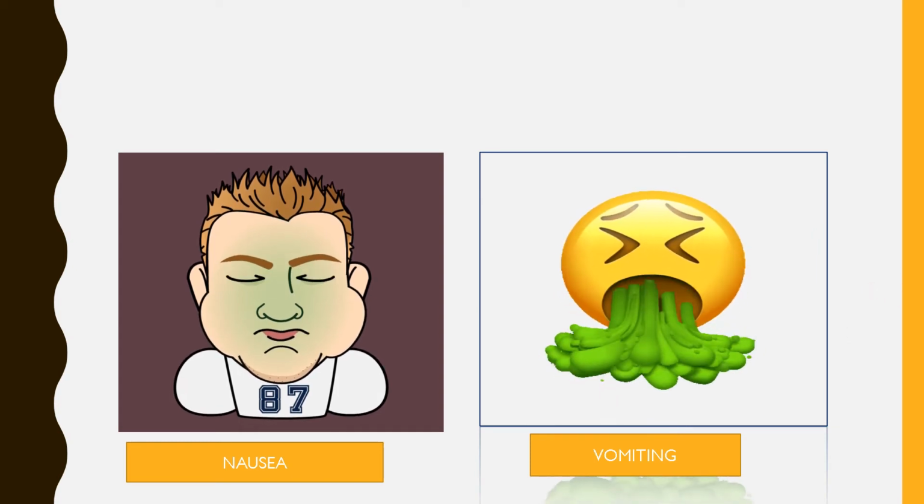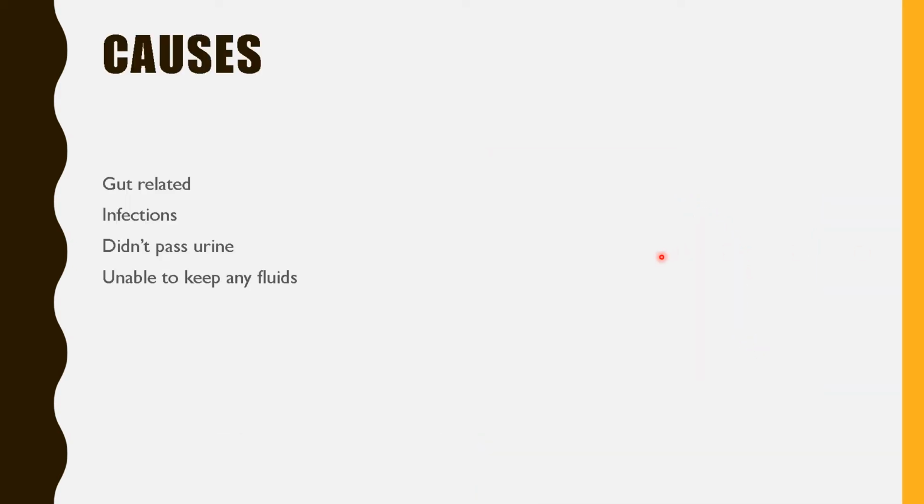Next, what could be the possible causes of this nausea and vomiting? First of all, it could be due to dehydration, confusion, restlessness, or most commonly it could be gut related, that is your intestinal or stomach part.